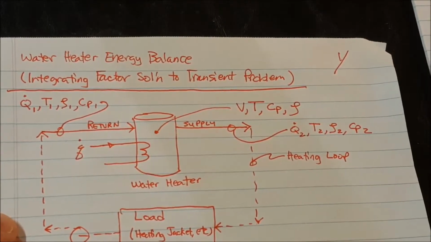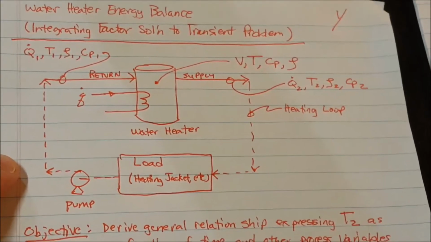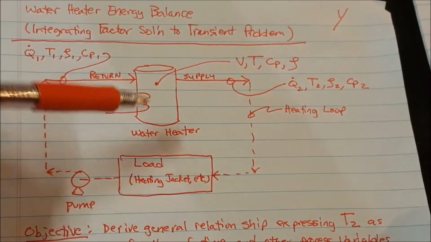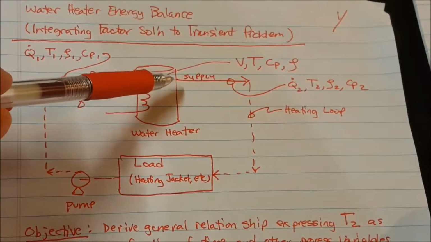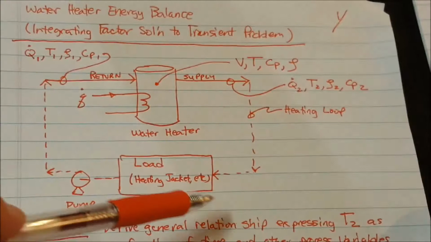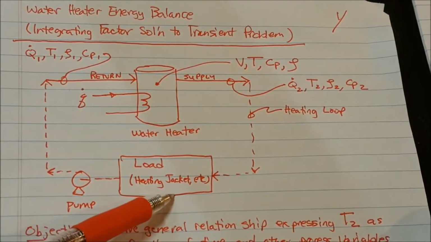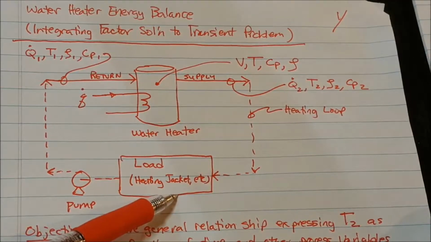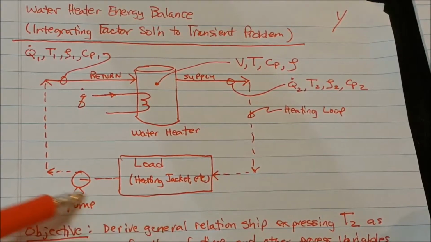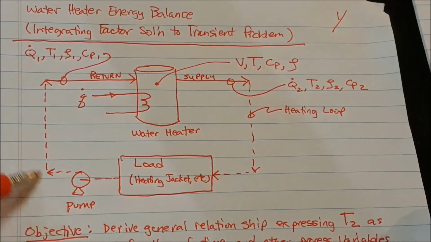You know, like an industrial water heater, where you would have a heating tank providing hot water in a circulated loop, and it would be used to run through a heating jacket or something like that to heat up another process or another device, and generally that's a pumped closed loop circuit.